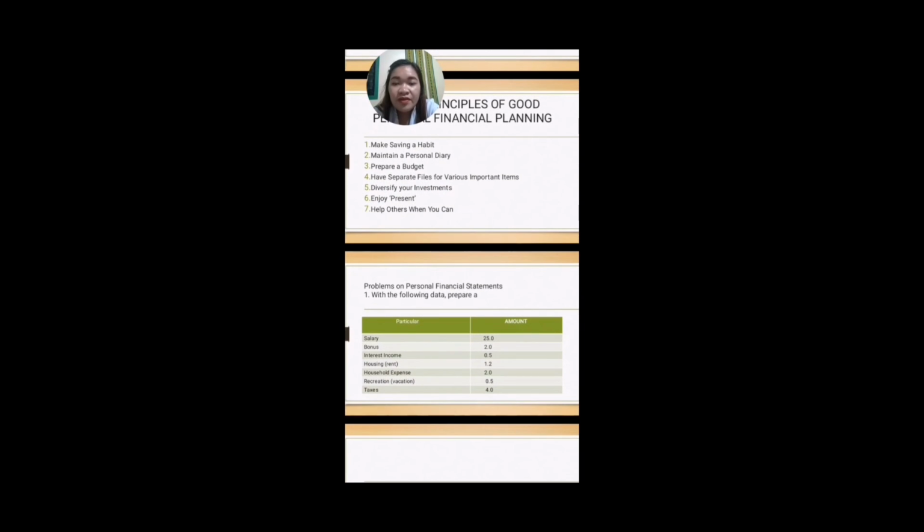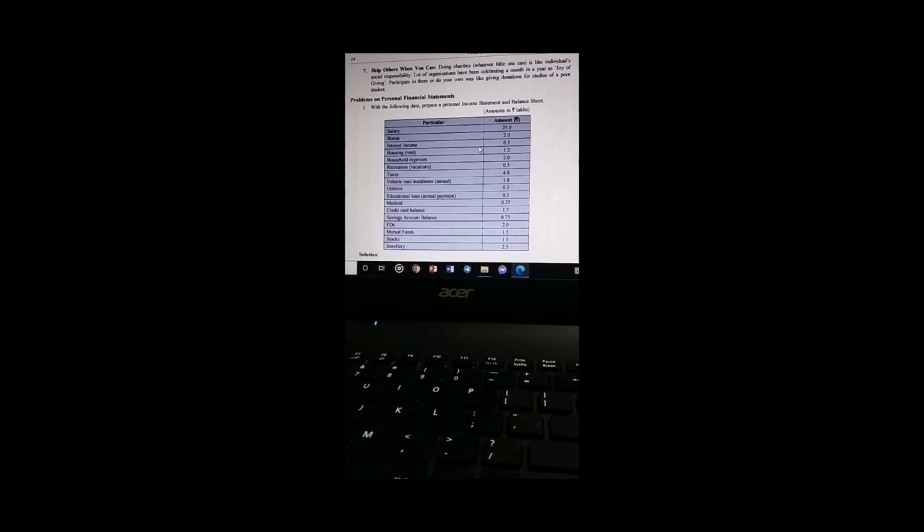So, problems on personal financial statements with the following data. Prepare. The problem on personal financial statement is given in this table. It is already given. Below is what is called the income and expense statement.